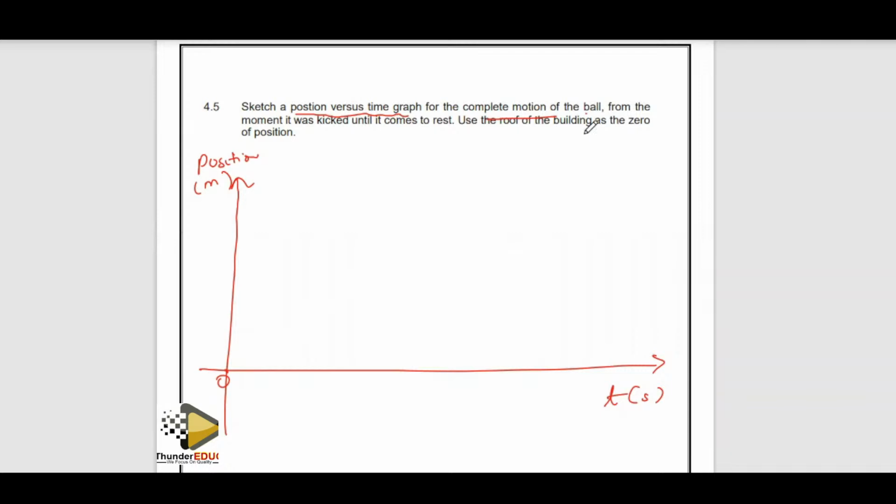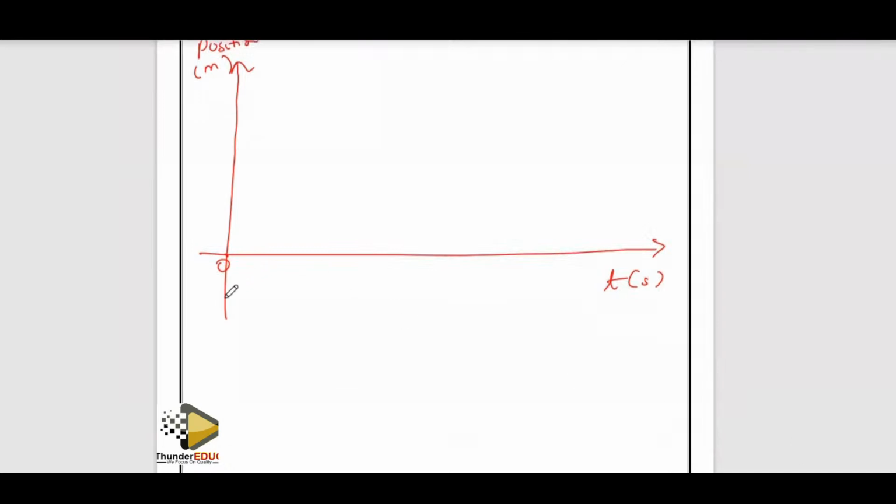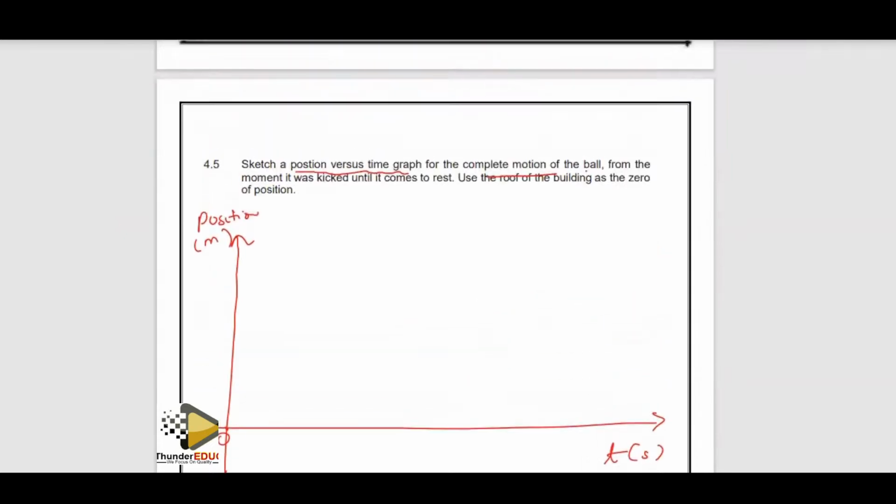If I look at it, remember the ball is going to reach the maximum. We say 21.